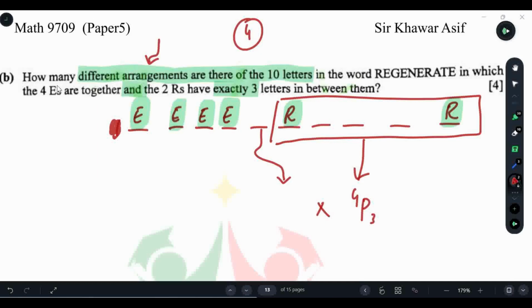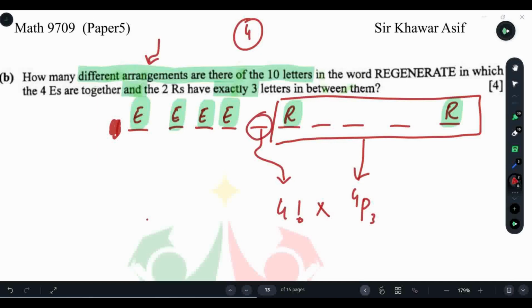Now for the other portion we will have 4 factorial, because there is no condition for this one, so we can use factorial.